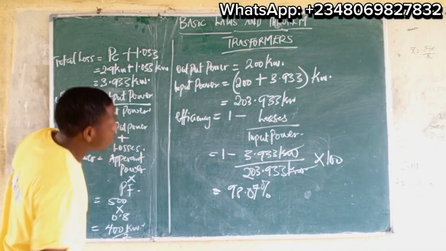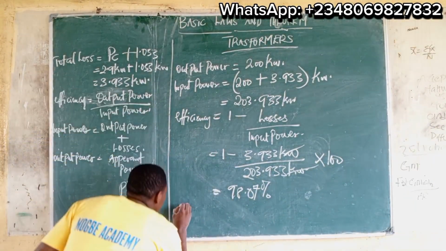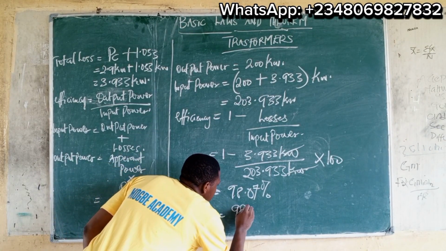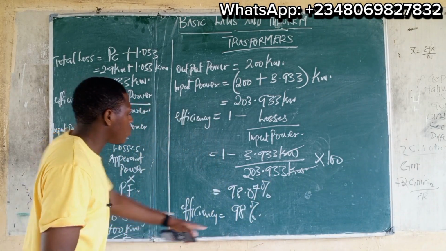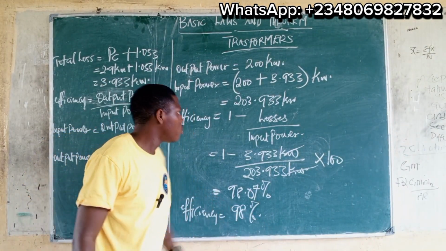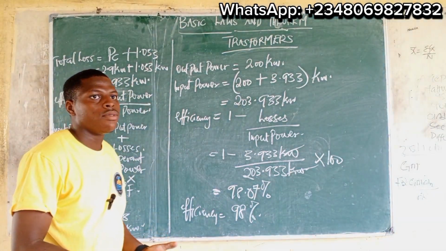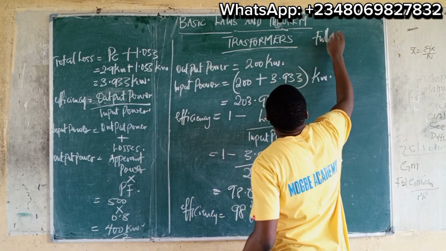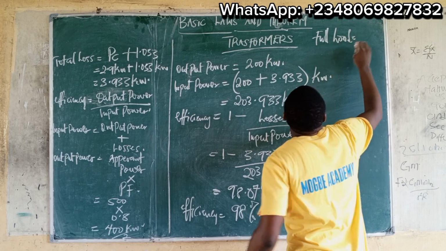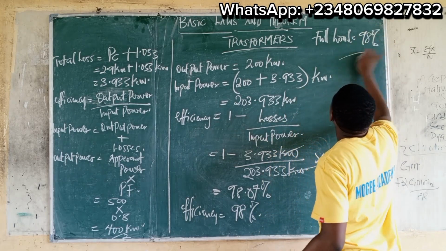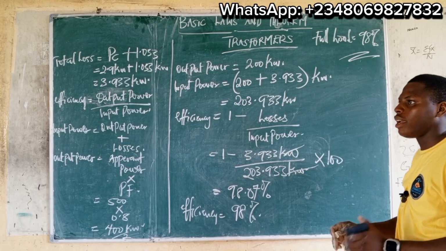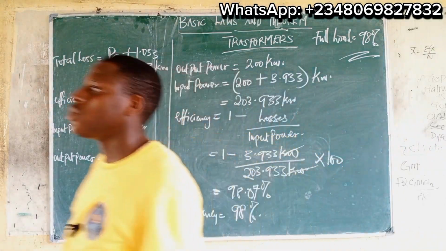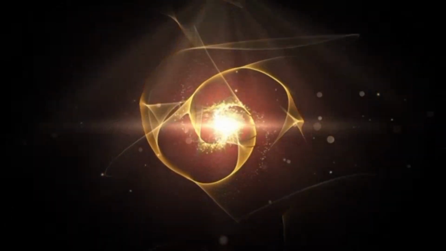So your efficiency will simply be 98%. So this is your efficiency for half load. Now we've also calculated our efficiency for full load, and we said the efficiency for full load was 98% too. So this is how you calculate efficiency based on your half load and your full load.